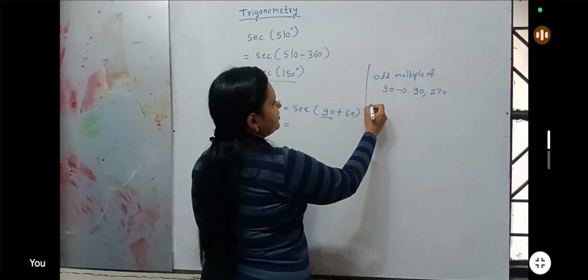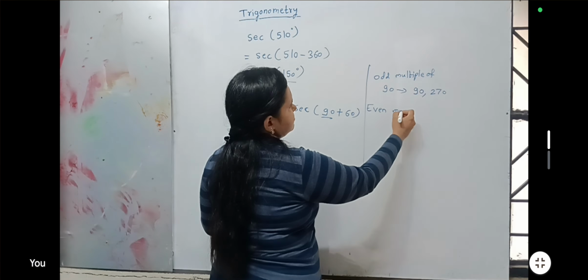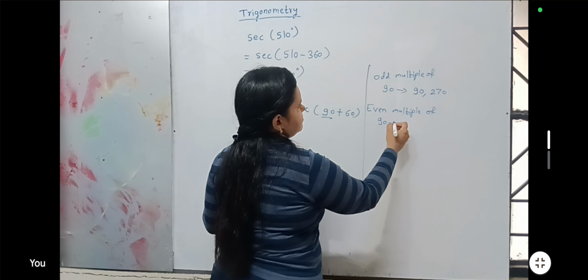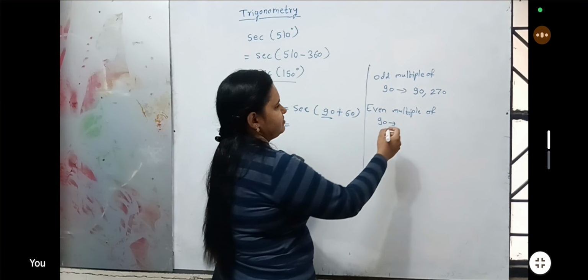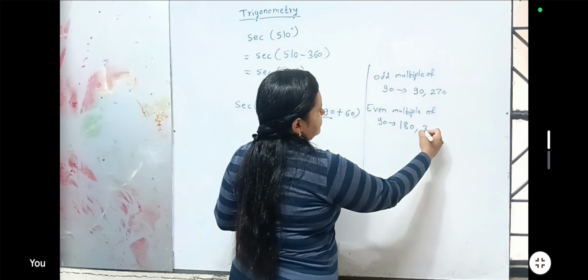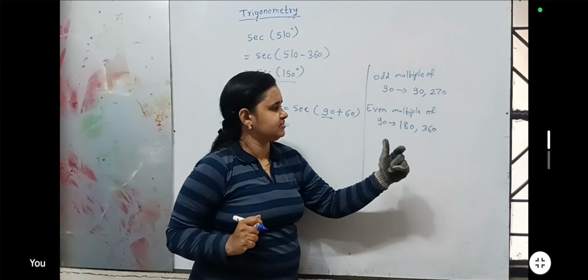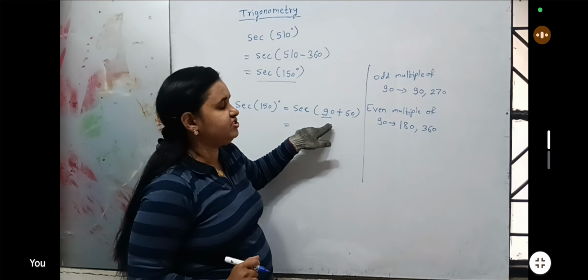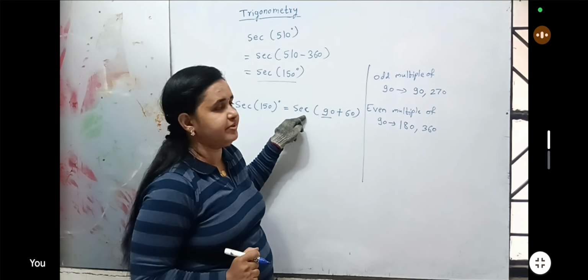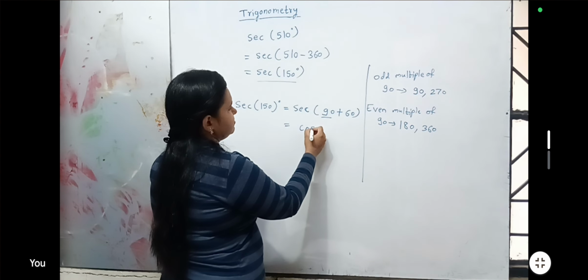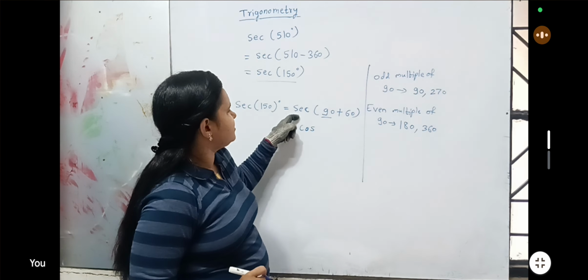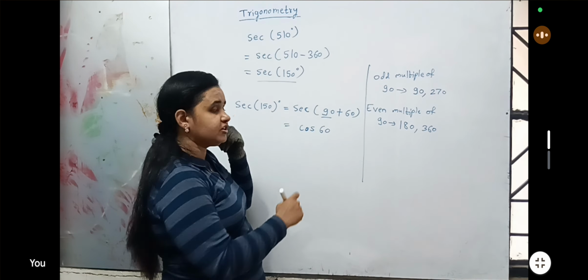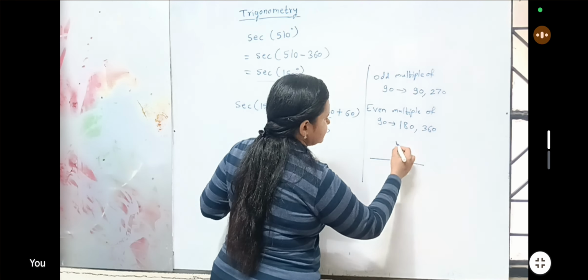Even multiples of 90 are 180 and 360. If there is an odd multiple, we have to change the ratio. So sec will be converted into cosec, and the sign is decided by the quadrant.